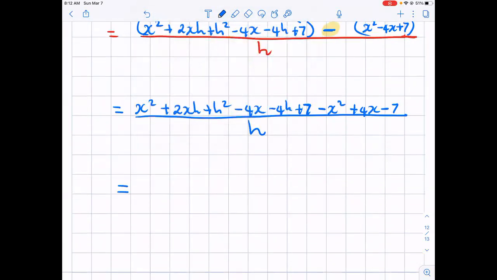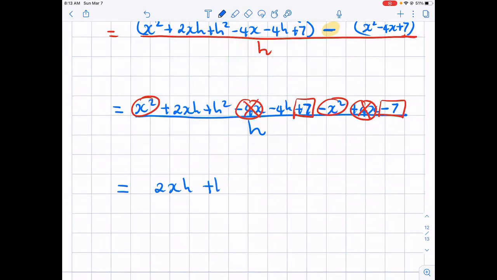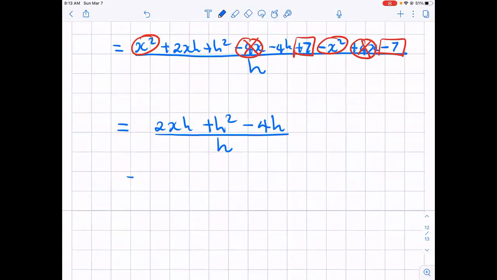Filling in and canceling out, you will notice that this cancels with that, this cancels with this, and this cancels with that. So what are we left with? We're left with 2xh plus h squared minus 4h, everything over h. Notice we can factor out h in the top, which leaves 2x plus h minus 4, everything over h.